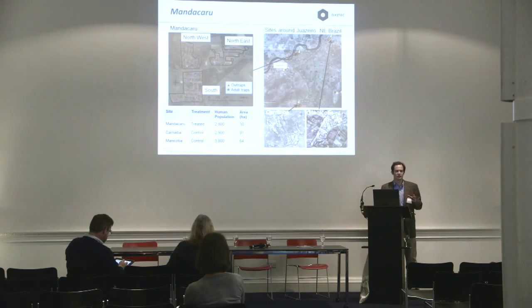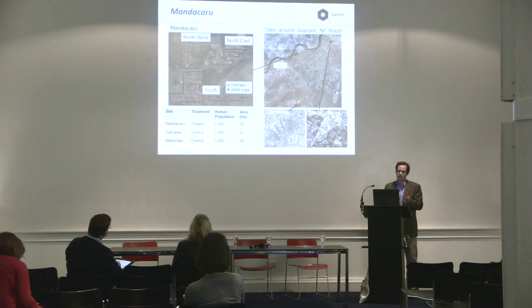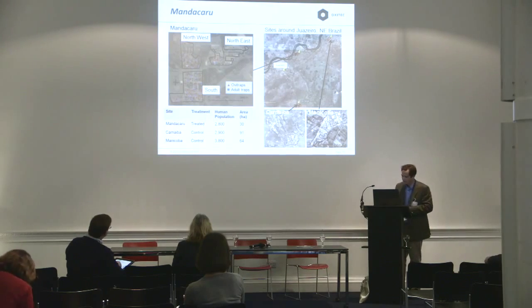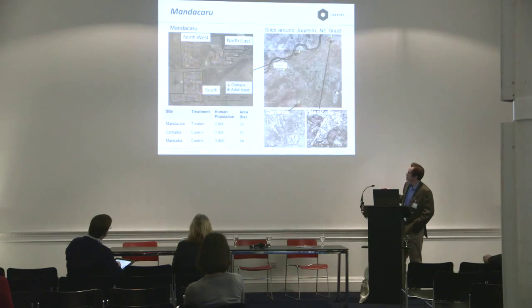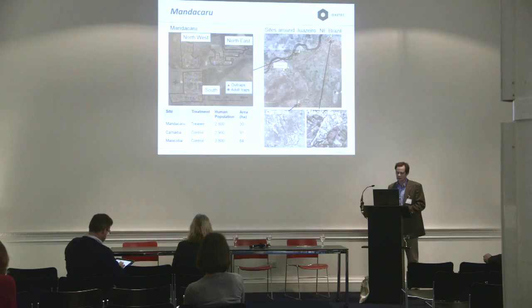Aedes is very tightly associated with human inhabitation, and this means that if you achieve control, you don't get the issue of immigration from neighbouring areas that you had in the previous studies. We also had two villages matched in terms of types of building, etc., in the same area, both isolated as well, with similar underlying mosquito population levels.